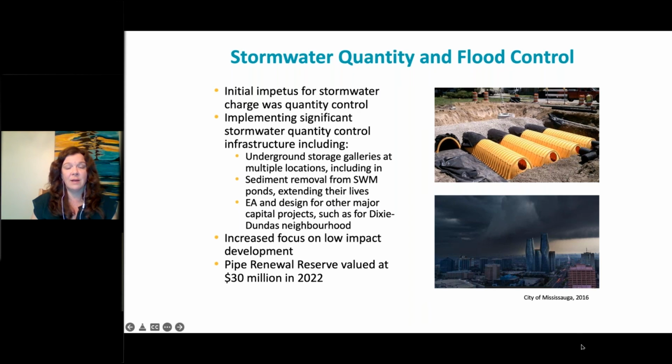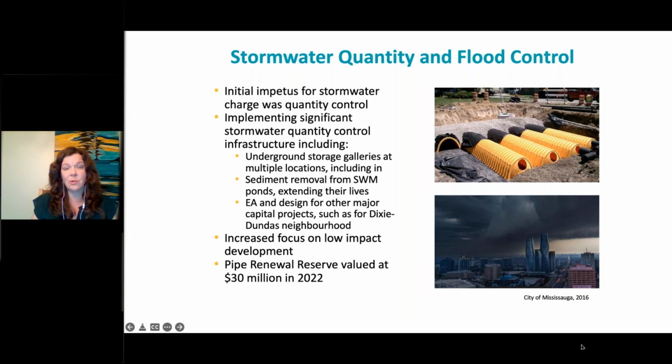We've done a lot of sediment removal from stormwater management ponds, extending their lives, and we've undertaken environmental assessments for major capital projects related to riparian flooding.